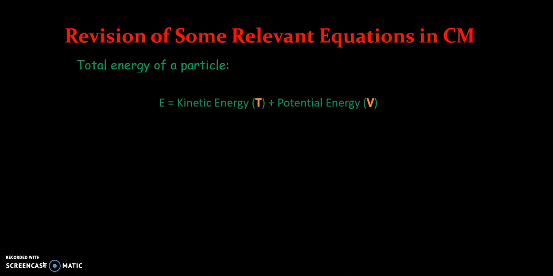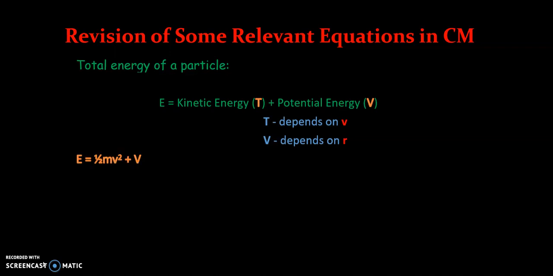I am revising some relevant equations in classical mechanics that you all know. The total energy of a particle can be obtained as the sum of kinetic energy and potential energy, where the kinetic energy depends on velocity and the potential energy depends on position.